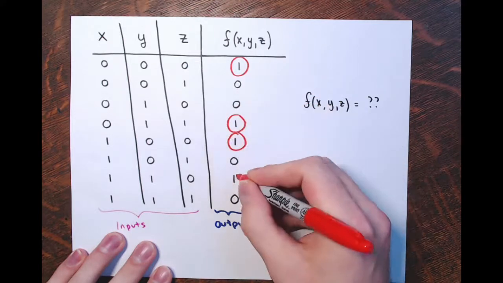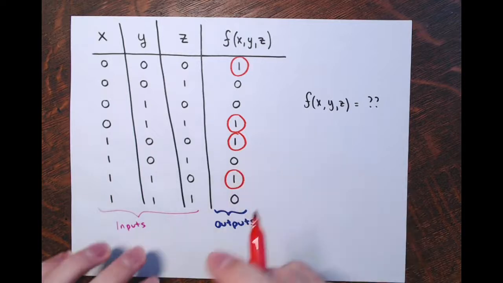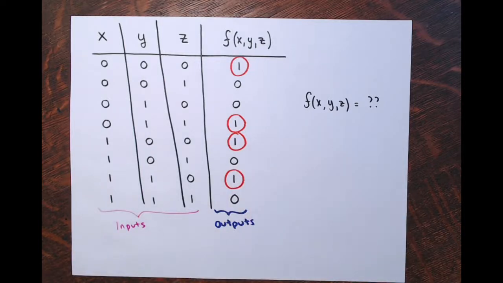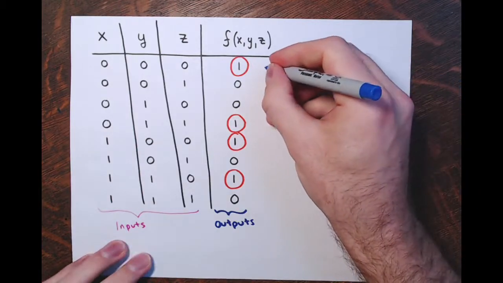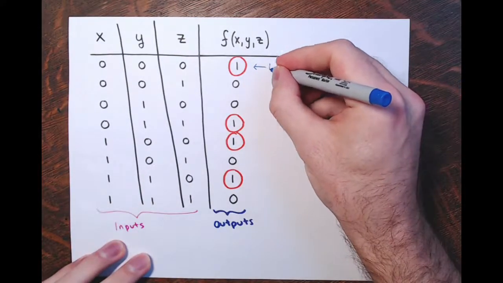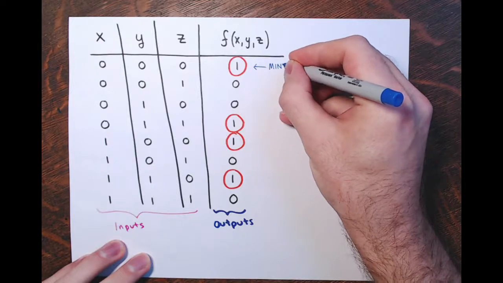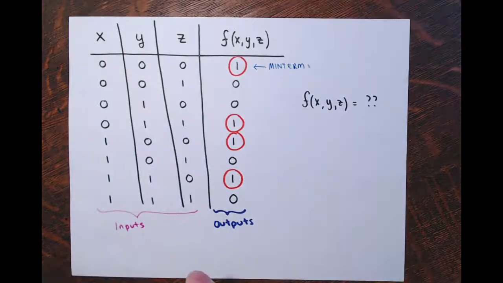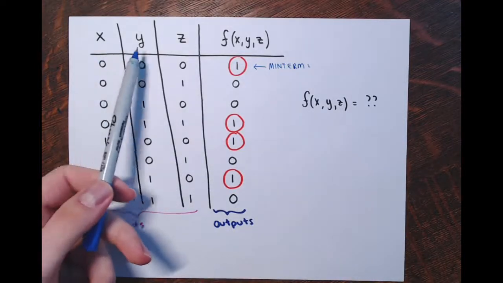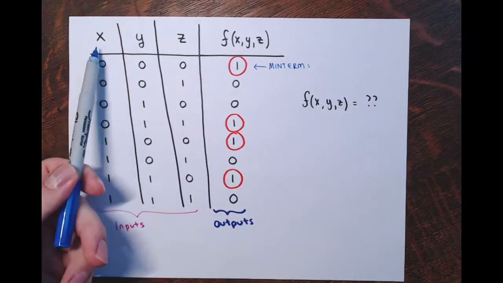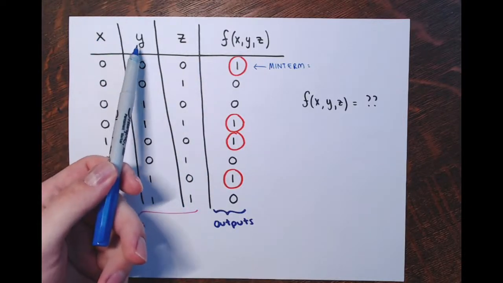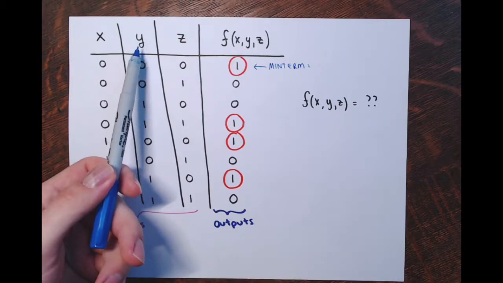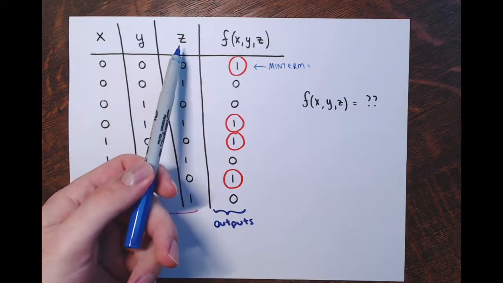Just focus on the ones. In each of these rows, we're going to create what's called a min term. A min term is a product of literals of these input variables, so you'll have either x or x bar times either y or y bar times either z or z bar.